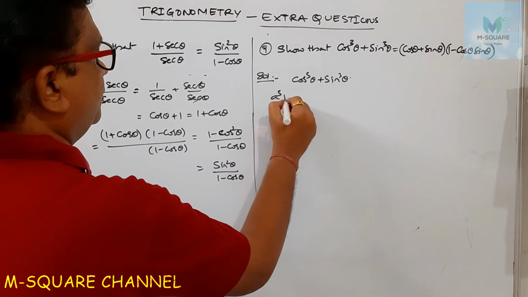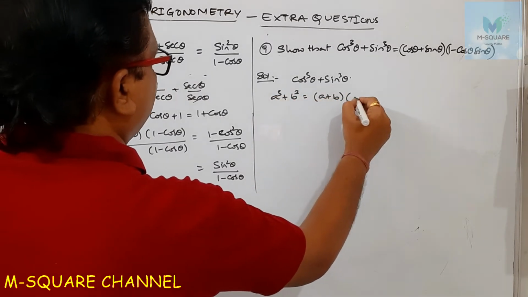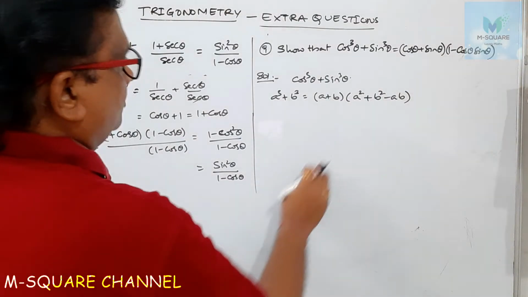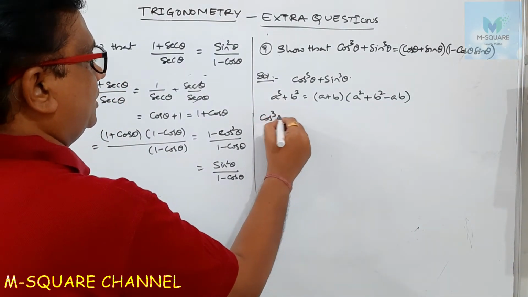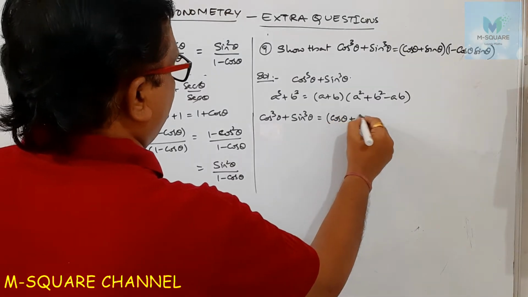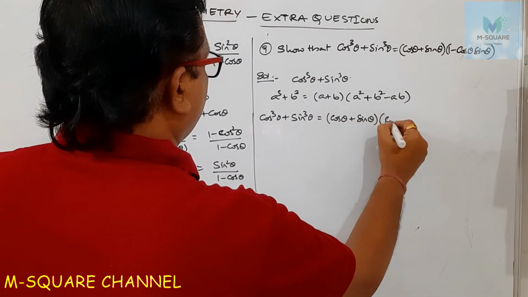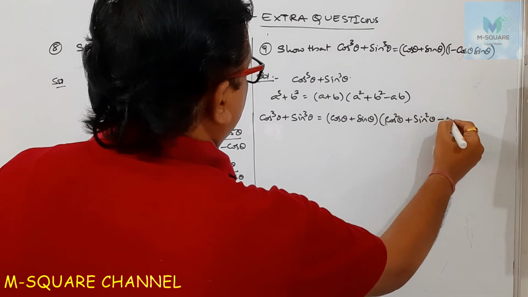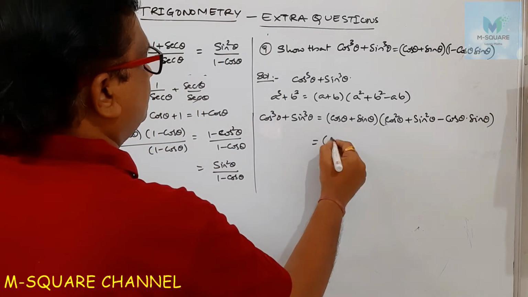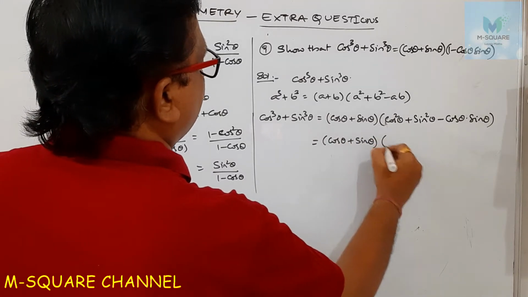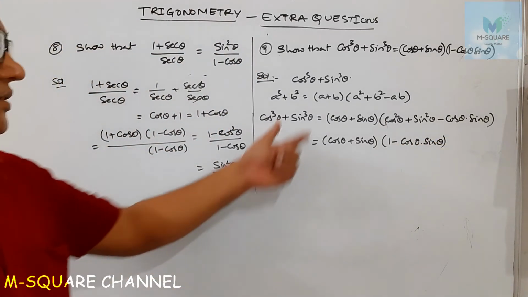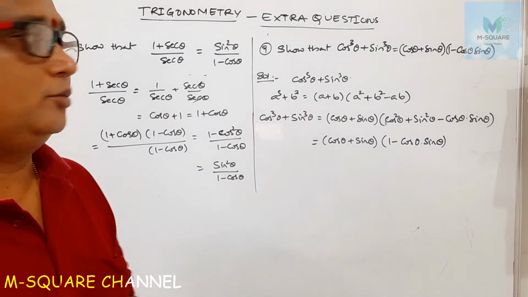The formula is a cube plus b cube equals a plus b into a square plus b square minus ab. So cos cube theta plus sin cube theta equals cos theta plus sin theta into cos square theta plus sin square theta minus cos theta into sin theta. These two are 1, so directly you can write cos theta plus sin theta into 1 minus cos theta into sin theta.